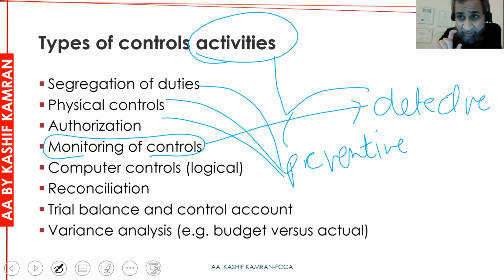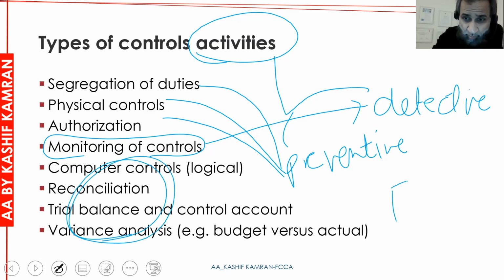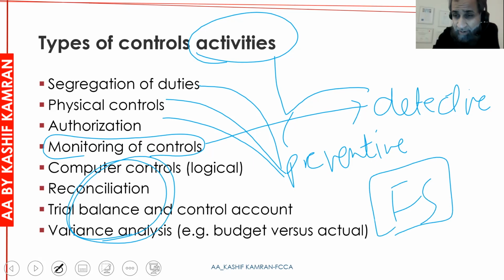If the variances are very significantly higher, you should ask for reasons. So these variance analyses, the reconciliations, the trial balances, these are all controls you put in place on your financial systems, ensuring that the financial statements are true and fair. So these are examples of control activities which can be put in place.